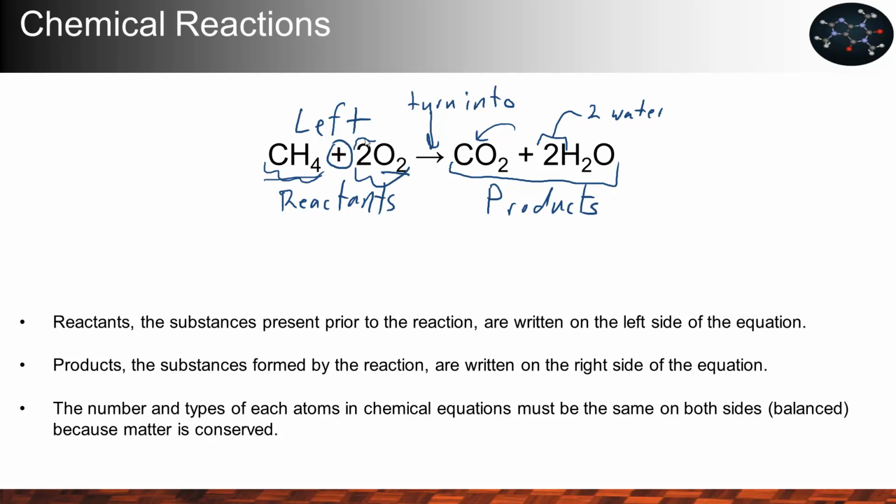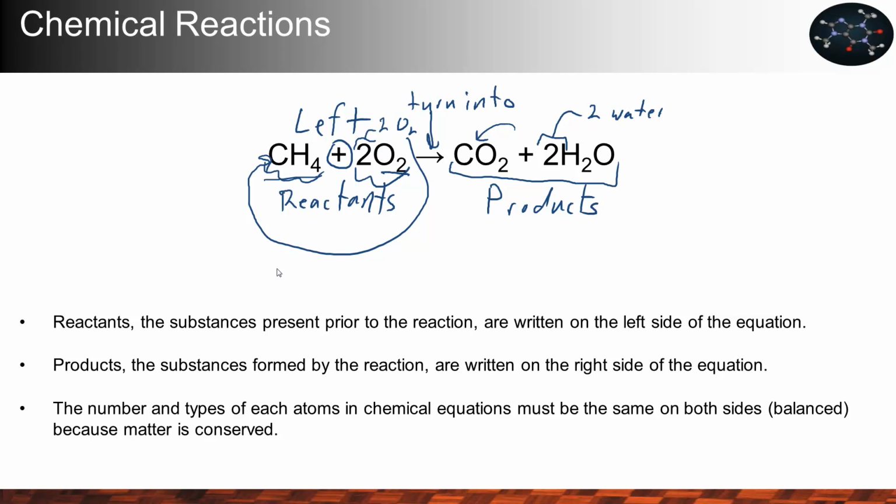And again, this 2 over here means I need 2 oxygens to react with 1 CH4, turn into carbon dioxide and water. And the reason we have to have these 2's here is otherwise it doesn't add up. We don't have the same number of each type of atom on both sides of the equation. And the law of conservation of mass says that we can't get rid of atoms and we can't create atoms. So we have to figure out the ratios involved so that we're not saying that that is occurring.